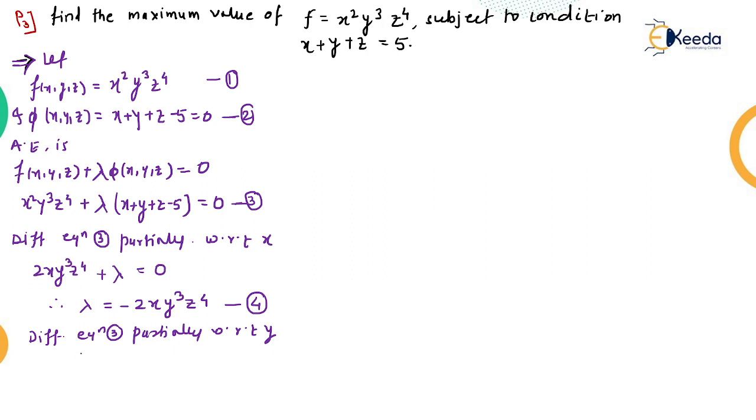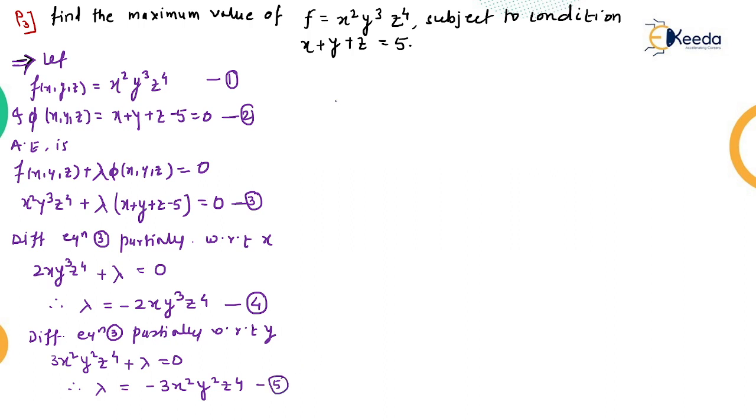We get 3x square as it is, and the derivative of y cube is 3y square, and z power 4 as it is, because you only take the derivative of y; x and z are constant, so they remain as they are, plus lambda, and that is equal to 0. Therefore we get lambda is equal to minus 3x square y square z raised to 4, and this is equation number 5.